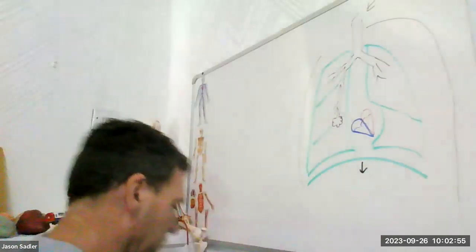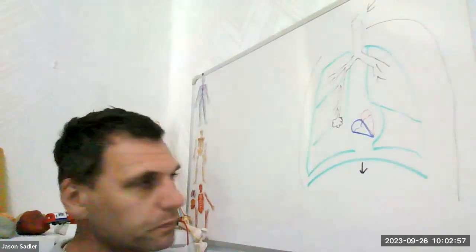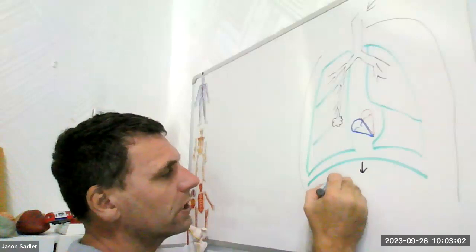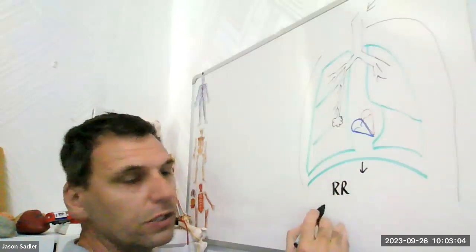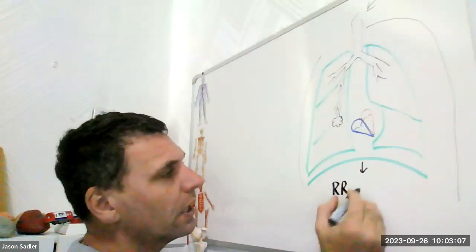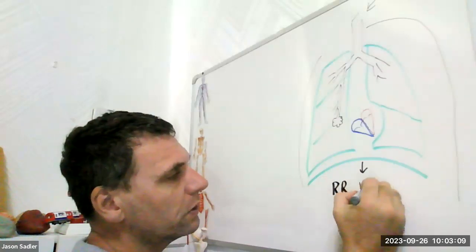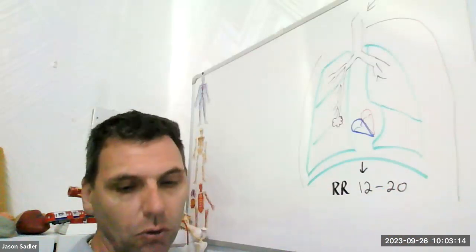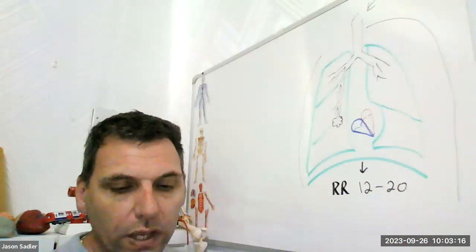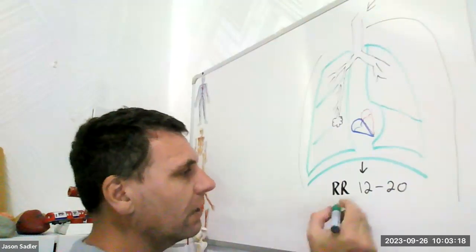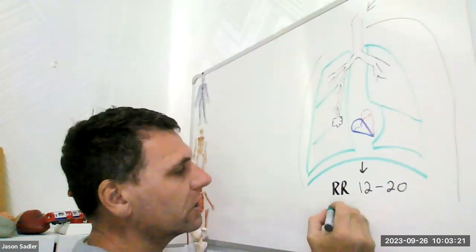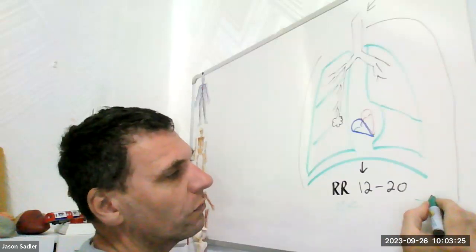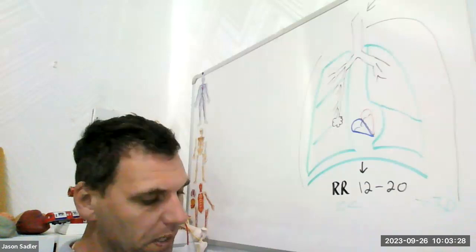So if we put some numbers with this, and I'm going to use some abbreviations. We're going to look at RR, which is for respiratory rate. That should be between 12 and 20 for the average adult at rest. We would get concerned if it becomes less than 10 breaths or greater than 30 breaths per minute.